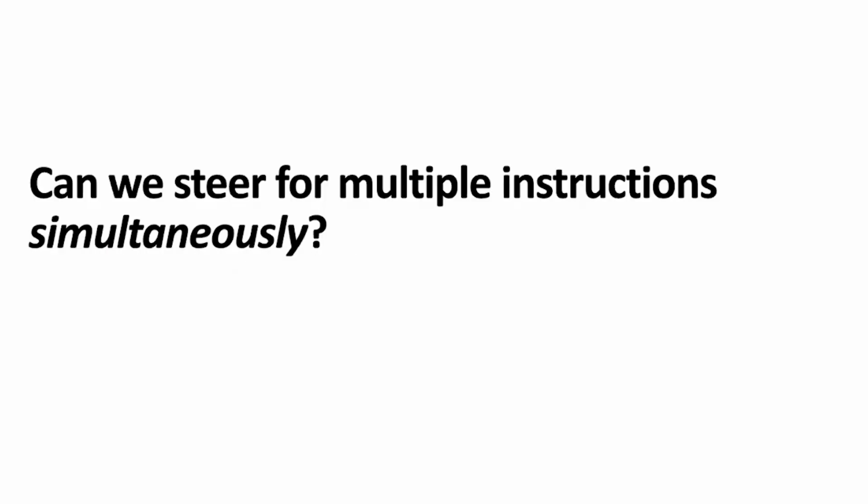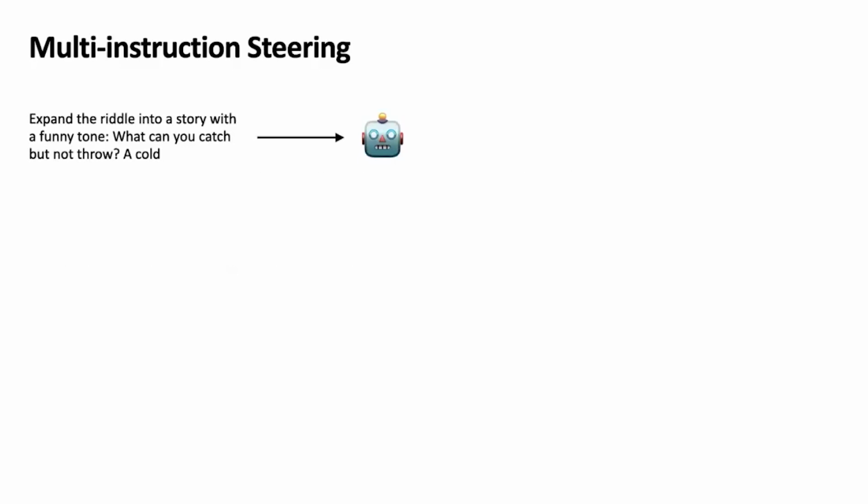So while we were working on this, a couple of questions emerged, and we ran some experiments to address them. One of these is, can we perform the steering procedure for multiple instructions at the same time? One can think of many settings in which a user in the real world might be interested in specifying multiple constraints when interacting with a language model.